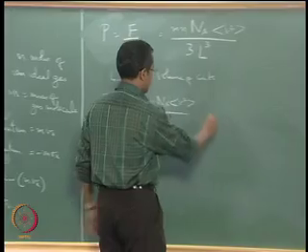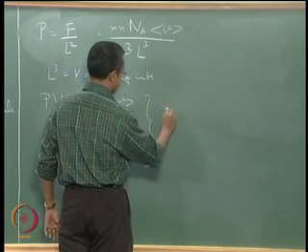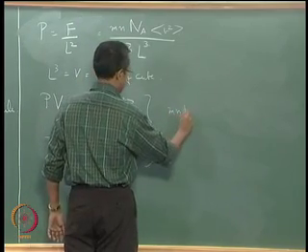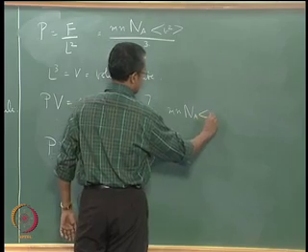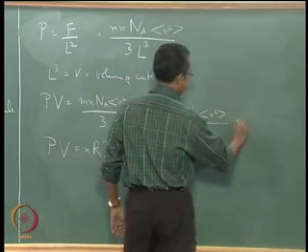So therefore m n Na v square by 3 equals nRT.